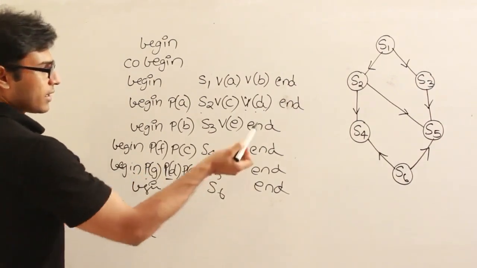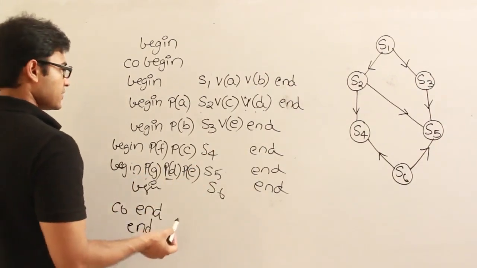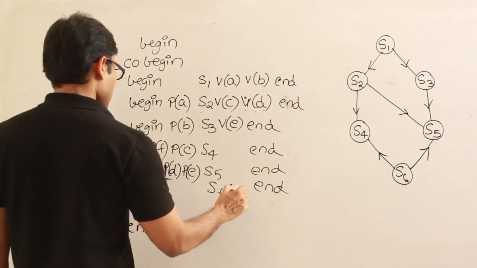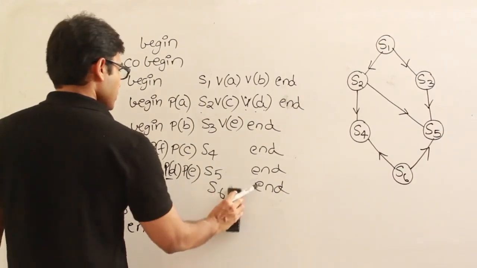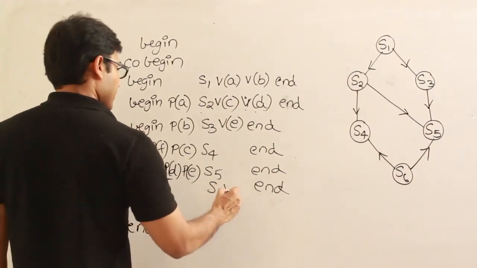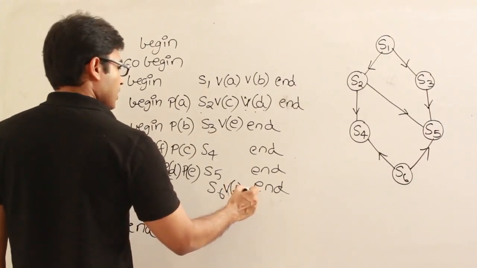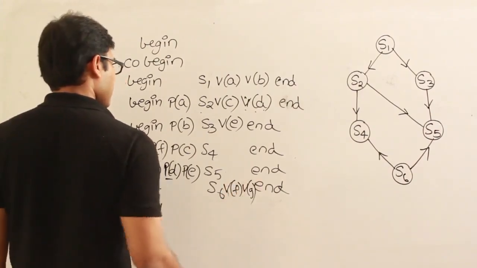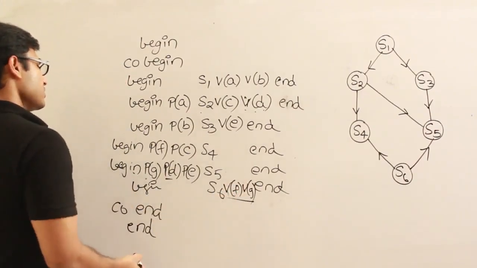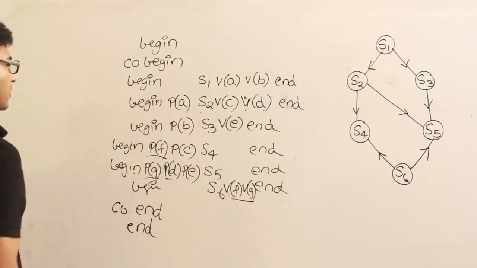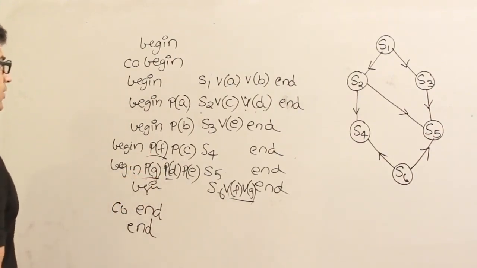Who should signal it? S6 should signal it. Therefore S6, after finishing, should signal V on F and V on G. So after V on F and V on G, we can perform P on F and P on G. Fine, that is how it is done.